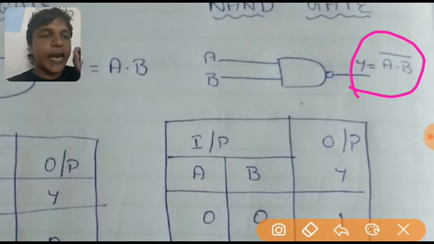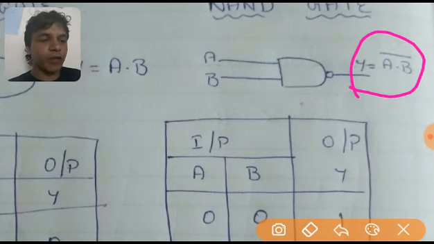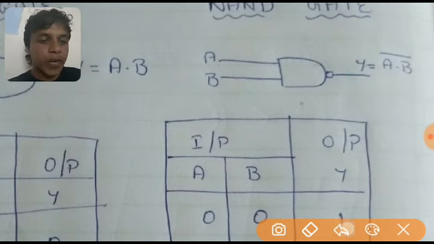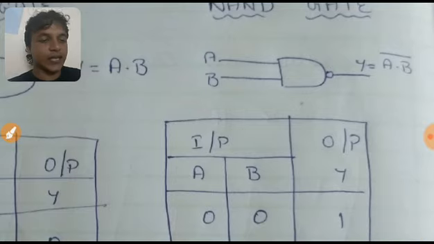For the AND gate it is A dot B, whereas for the NAND gate it is A dot B the whole bar. That is, it is performing the opposite operation of the AND gate. For the AND gate, when the switches A and B are both in on position, we get the output. Whereas here we do not get the output when A and B are in on position. So that is the NAND gate.